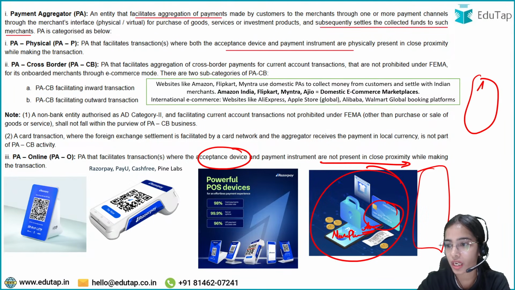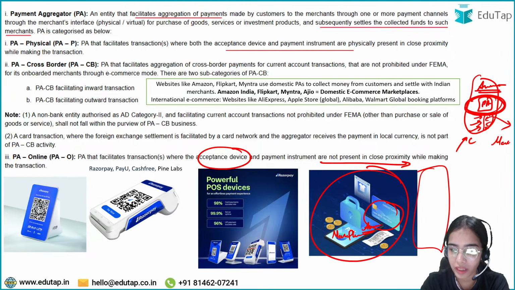If you are paying through the Amazon website, the payment aggregator provides you the facility of UPI, card, wallet and such, and you can pay through any of these means. The payment aggregator facilitates the aggregation of payment from the customers, and then later transfers the money to the merchant. So this is the idea.